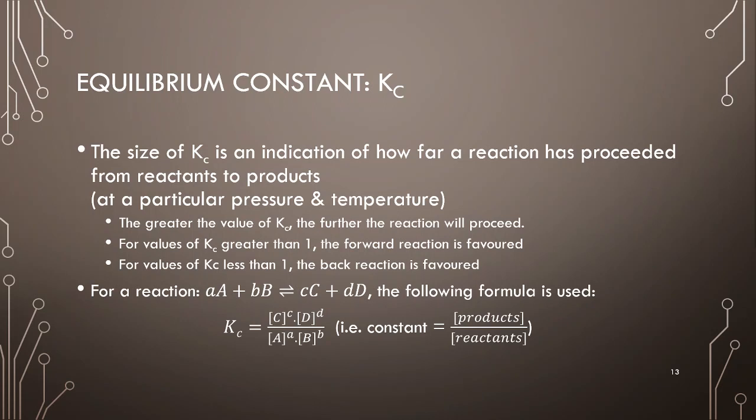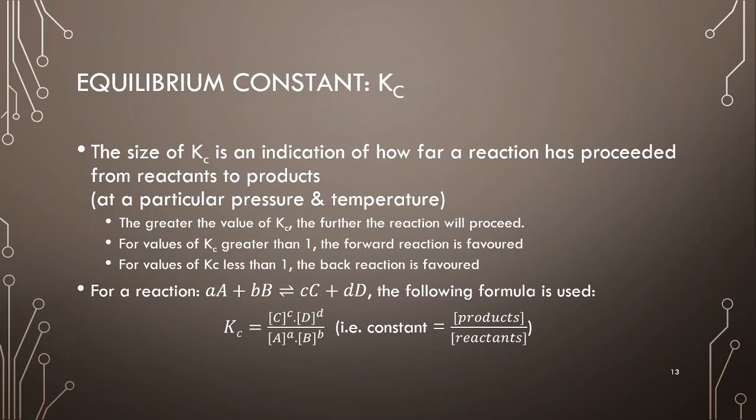Size of Kc? Kc is the equilibrium constant, also known as the equilibrium expression. It indicates how far the reaction will proceed from reactants to products. We just talked about whether a reaction is product favored or reactant favored, forward reaction favored or backward reaction favored.